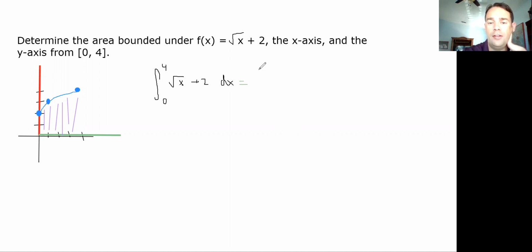All righty, let's see how you did. I'm going to go ahead and clean this up a little bit here. X to the 1/2 plus 2. So we're going to integrate it for the entire thing here. And then from there, we integrate it. So x to the 1/2 is going to be 2/3 x to the 3/2 plus 2x.